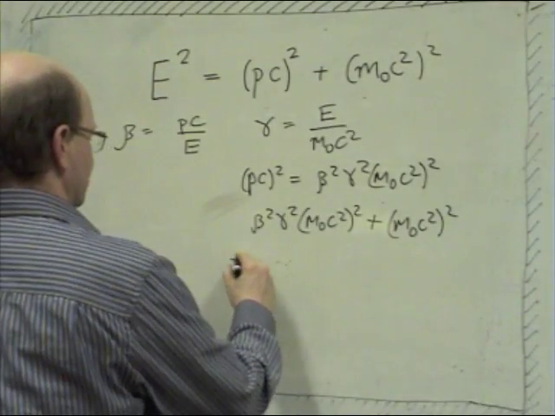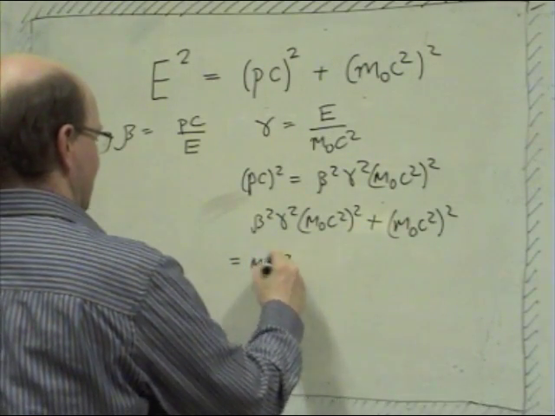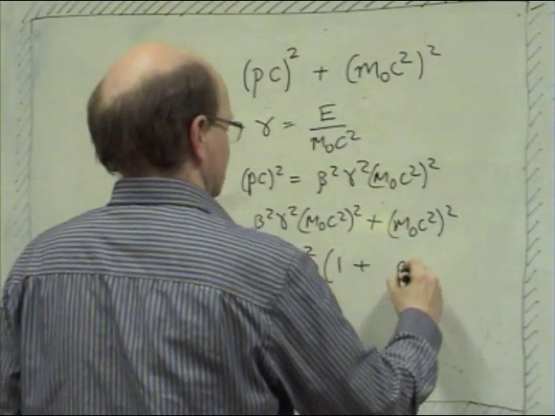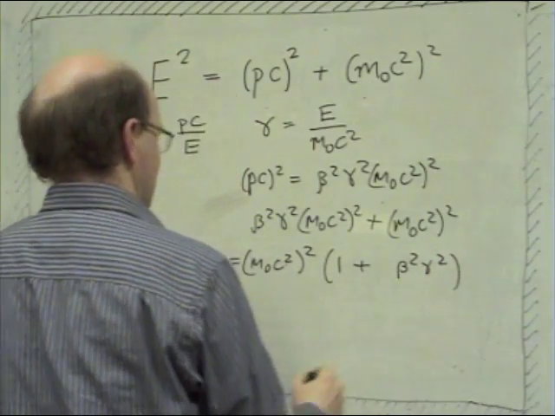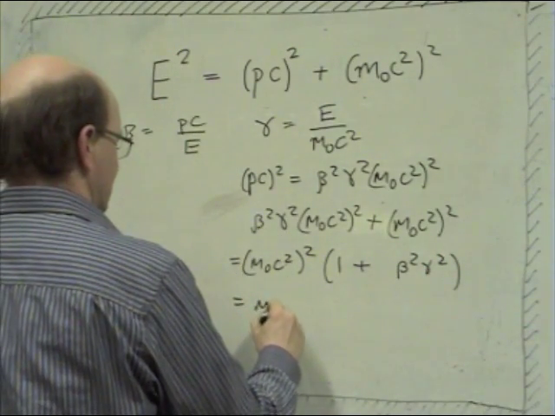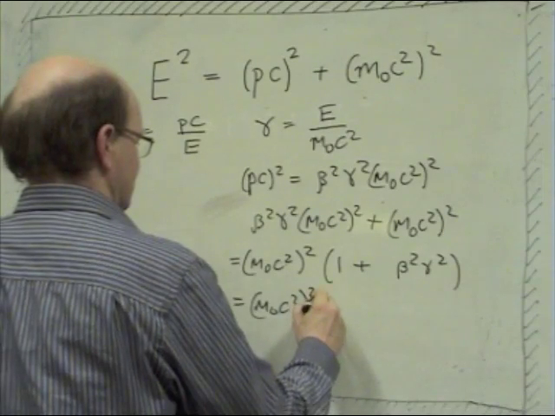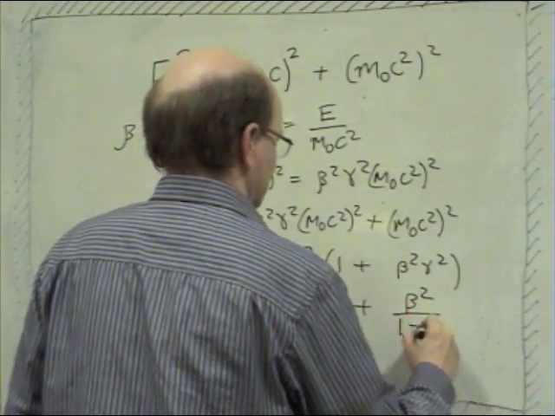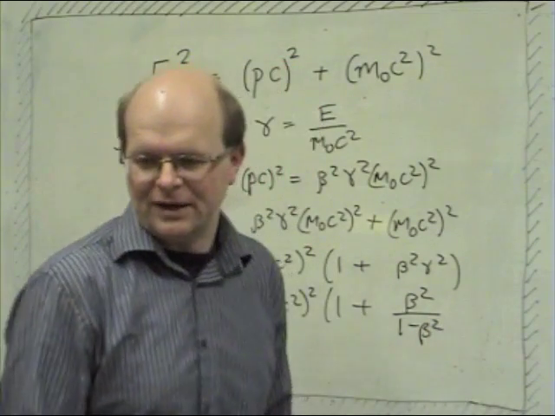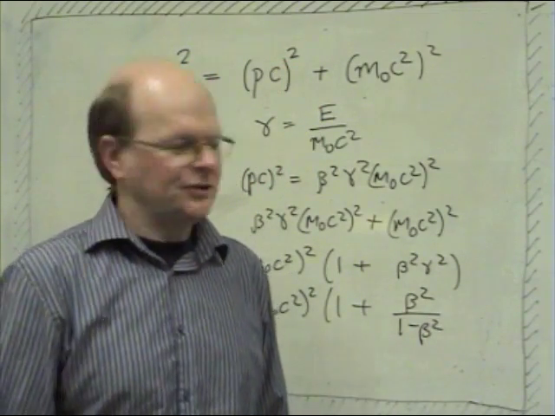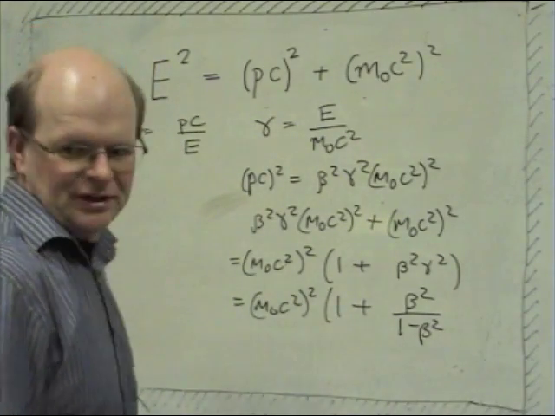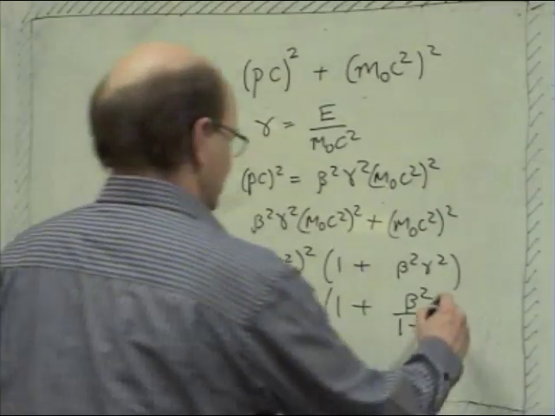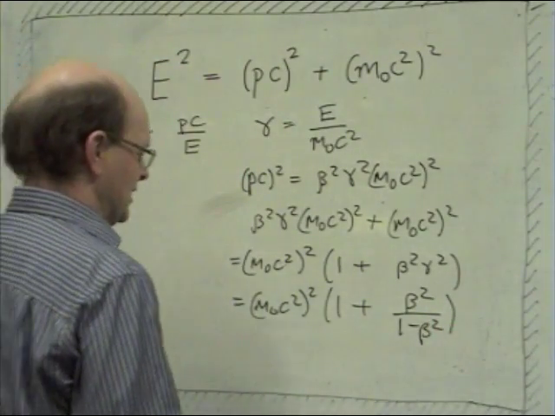So factoring out the square of m naught c squared, we end up with 1 plus beta squared gamma squared. But that, in the brackets, is just 1 plus beta squared over 1 minus beta squared, because gamma squared equals 1 over 1 minus beta squared. And that's because gamma is equal to 1 over the square root of 1 minus beta squared.